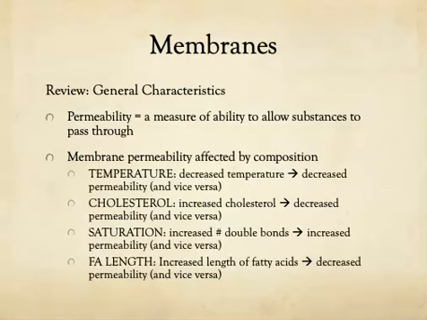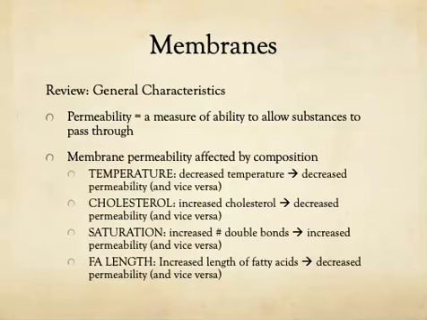In other words, the permeability increases. So temperature, depending on whether you're talking about a low temperature or a high temperature, is going to impact how easily things can get across the membrane.